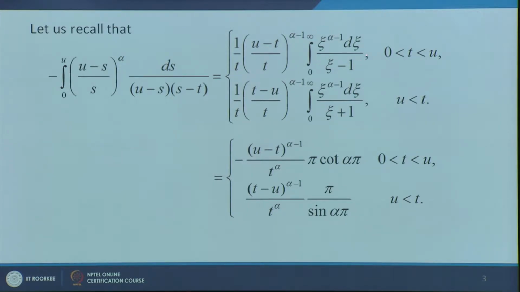But we had not done the integral from 0 to infinity of xi to the power alpha minus 1, d xi over (xi minus 1). So I will now show you how we can calculate it.